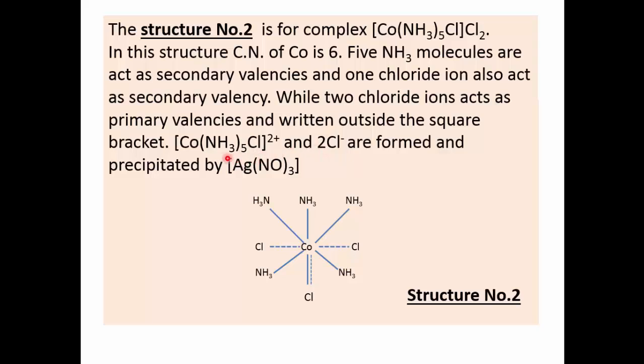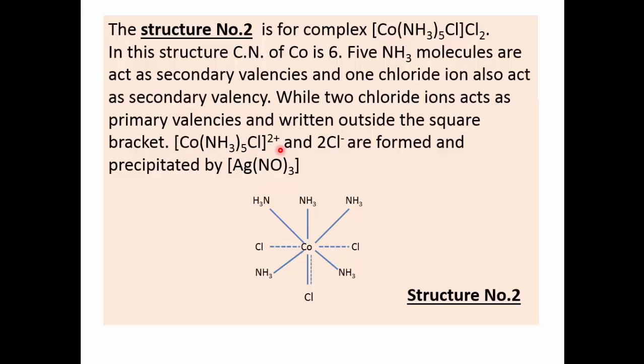So this is the cation. To the cobalt, 5 ammonia molecules and 1 chloride ion are attached as secondary valency. So calculate the charge on this complex ion. On cobalt there is +3, ammonia 0, 1 chloride ion -1. Do the total: +3, 0, -1, it becomes 2 plus.